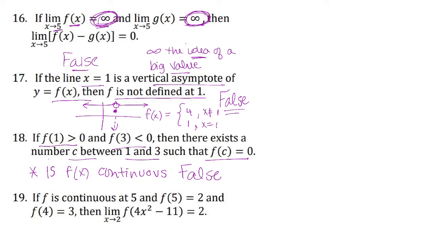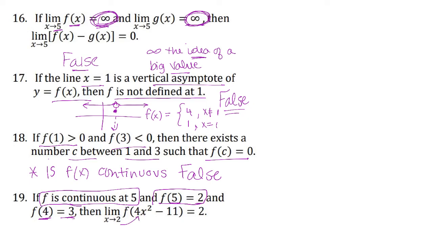With number 19, f is continuous at 5, and f at 5 is 2. So we have a lot going for us right now. We're continuous and we have the point, and we're told that here for 3. So then this limit of f of blah, blah, blah equals 2. Let's plug in and see.